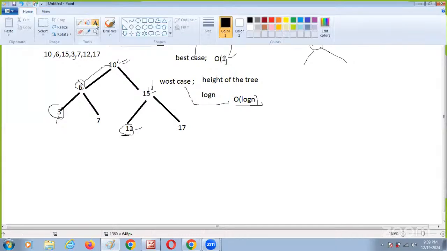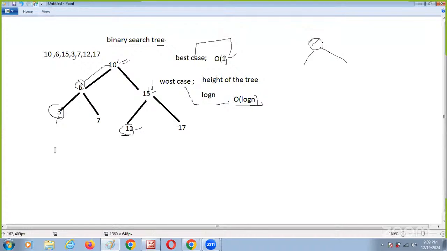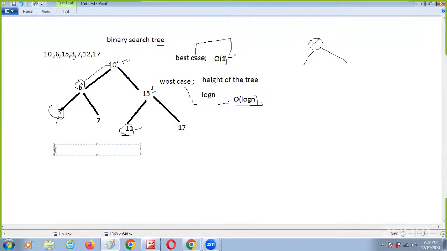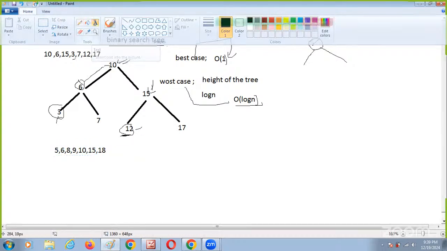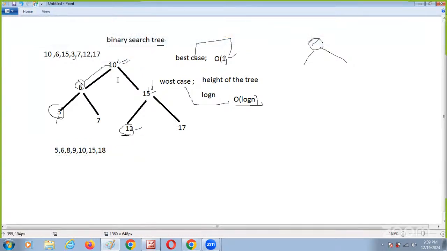So try to see here: 5, 6, 8, 9, 10, 15, plus 18. These are the elements. Try to arrange them in the form of a binary search tree. All of you, please try to construct the binary search tree.